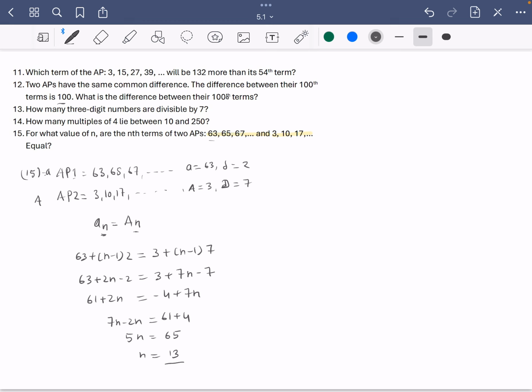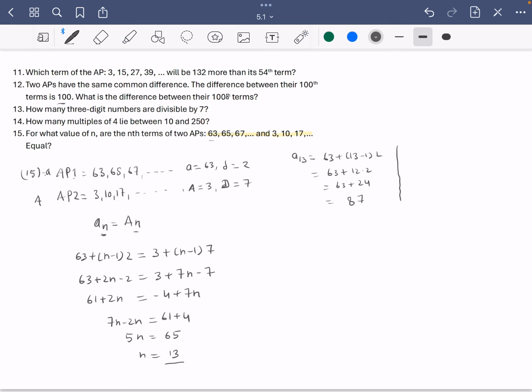So for the 13th term in both the APs, the 13th term of both the APs is going to be the same. And we can find it out. So I'll calculate first a13, that is 63 plus 13 minus 1 times 2, 63 plus 12 times 2, 63 plus 24, 87.